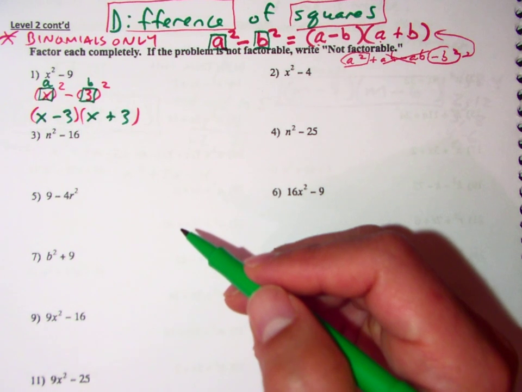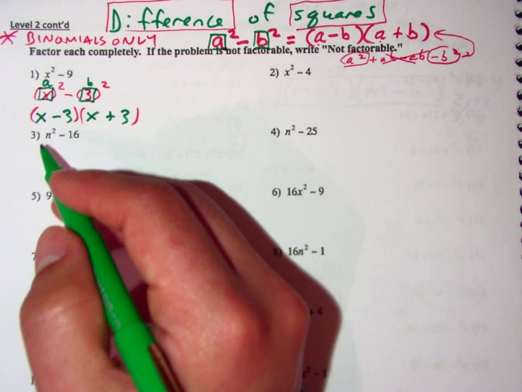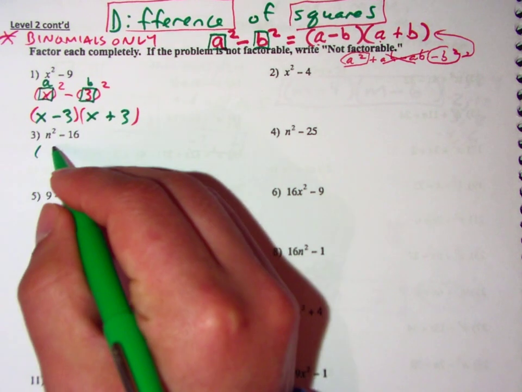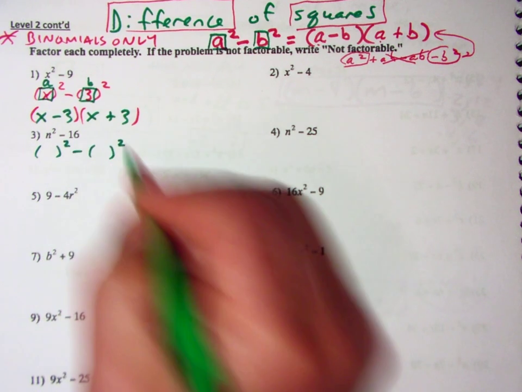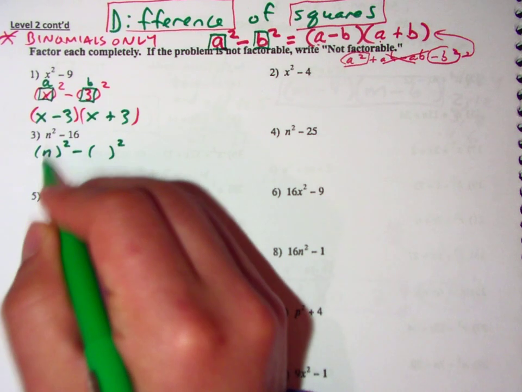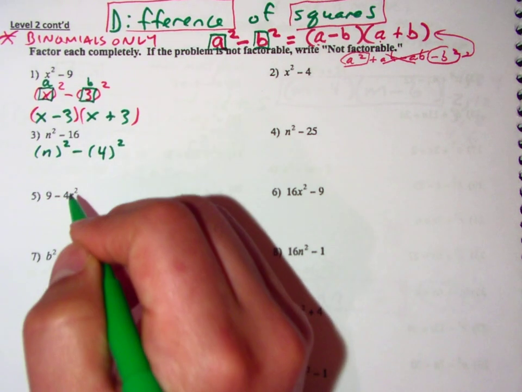Let me do number 3. Okay? So number 3, again, you first think of it as what squared minus what squared is 16. Well, I know n times n is n squared. I also know 4 times 4 is 16. Okay?